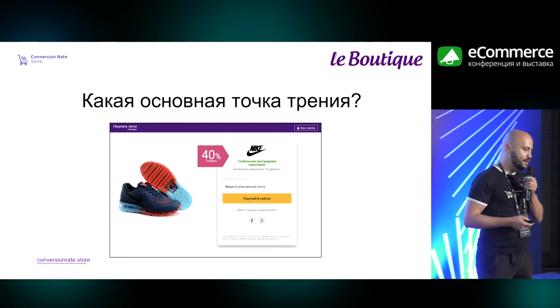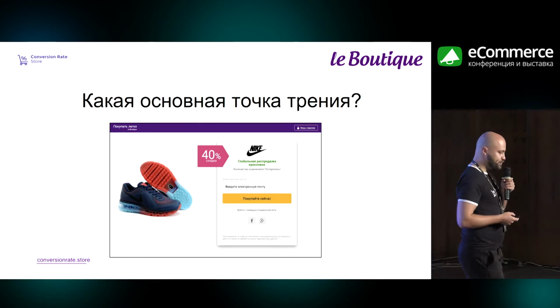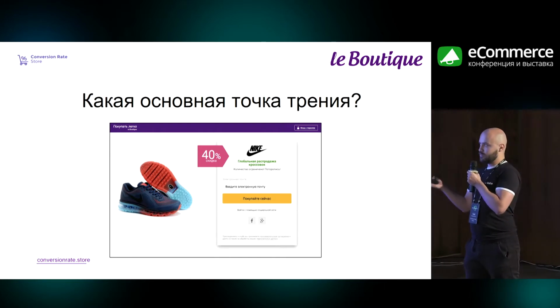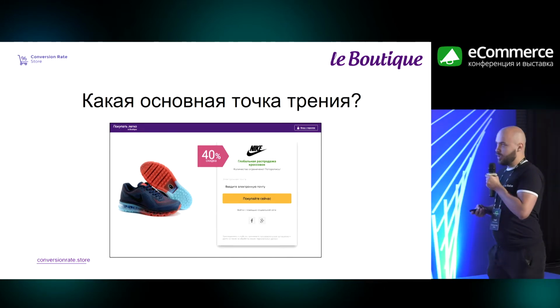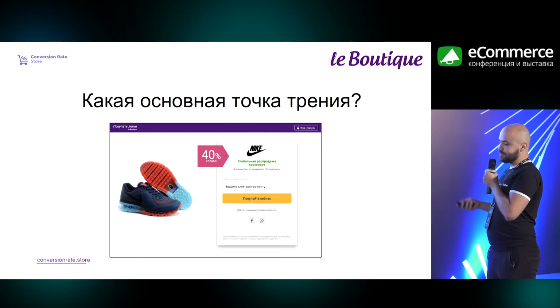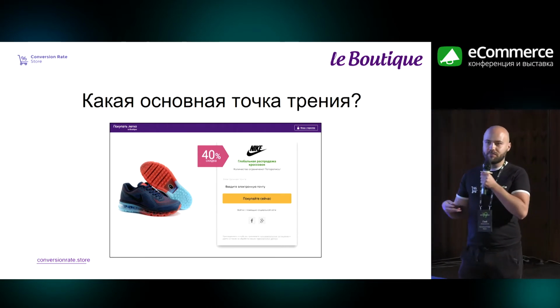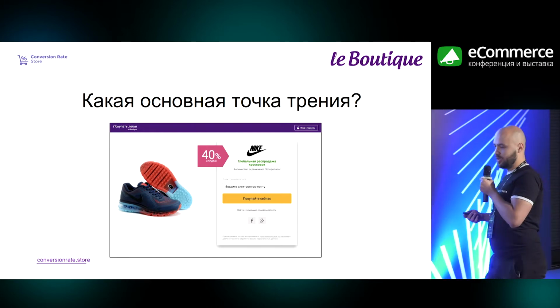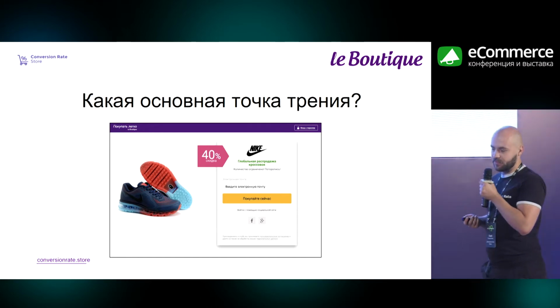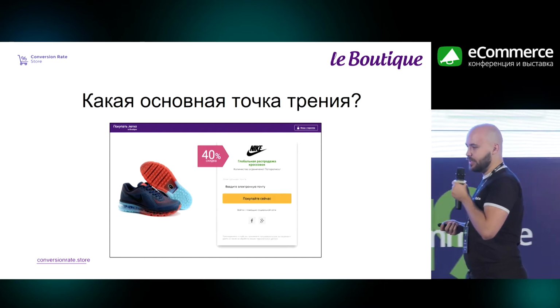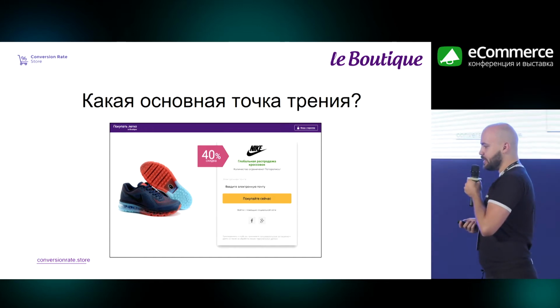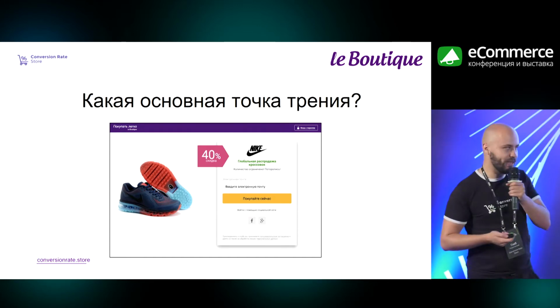So the task was to optimize the landing page. And well, this is the whole landing page. So we started this project with just testing the best practices on the interface. We thought, okay, we are the experts in conversion rate optimization. We know how landing pages should look, so let's just test our top performing stuff on landing pages.